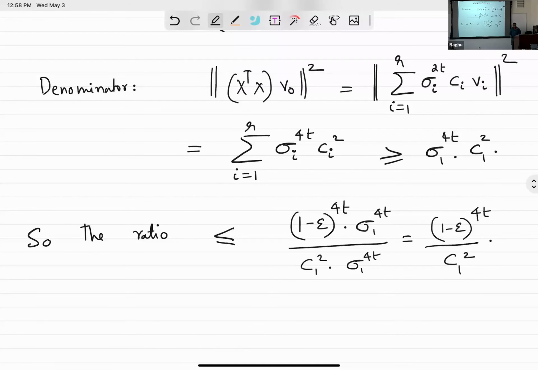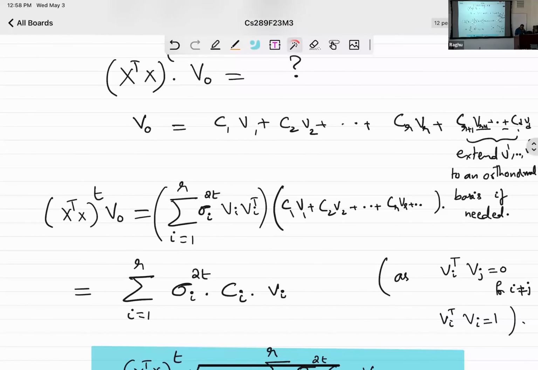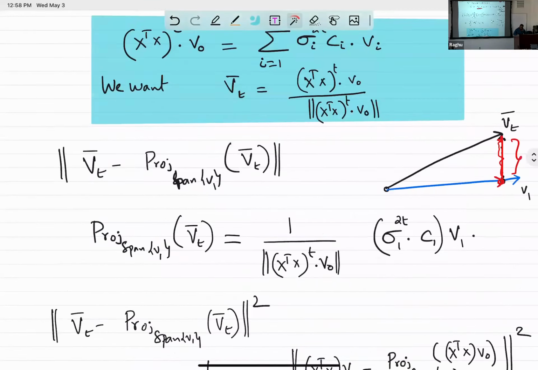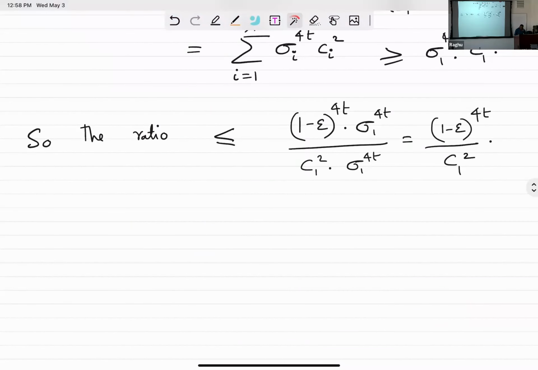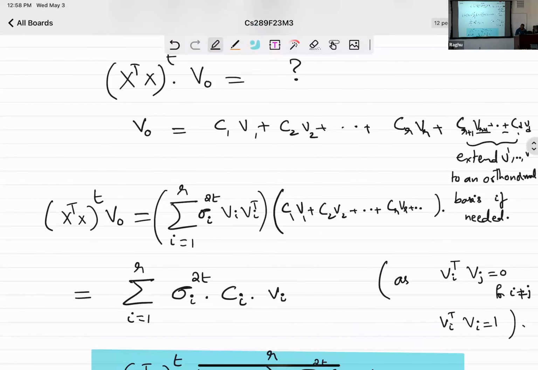And C1, what is C1? C1 is the coefficient of your starting vector, right? And if I have an orthonormal basis, I can compute the coefficient exactly. So C1 is actually equal to the inner product of V0, right? Because the way we got C1 was we said, okay, start with your vector V0, write it in this basis of V1, V2, and so on. So the coefficient is going to be the inner product of these.